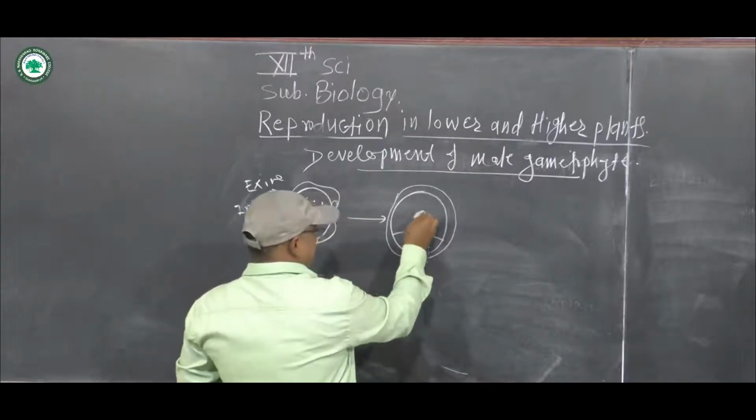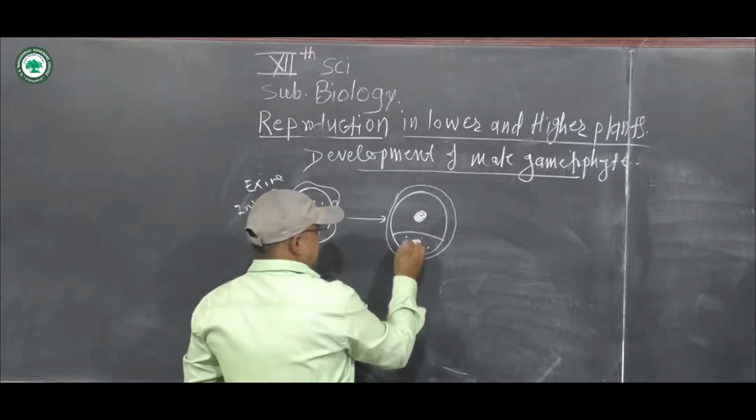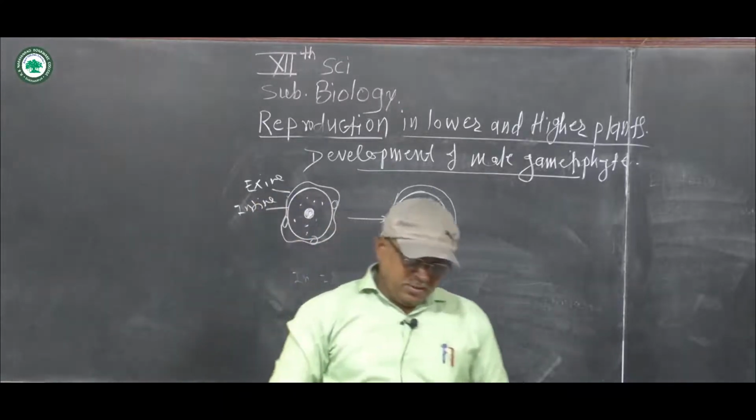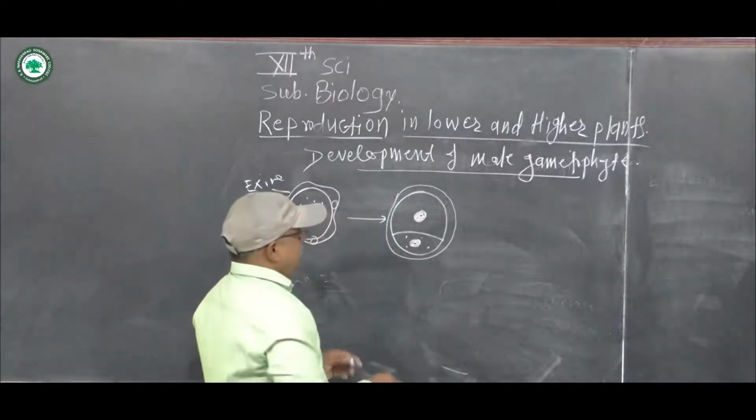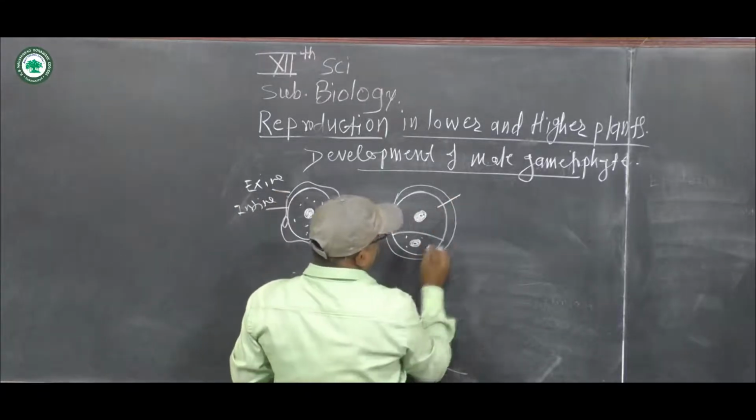That is, the pollen grain is divided into two cells, generative cell and vegetative cell.